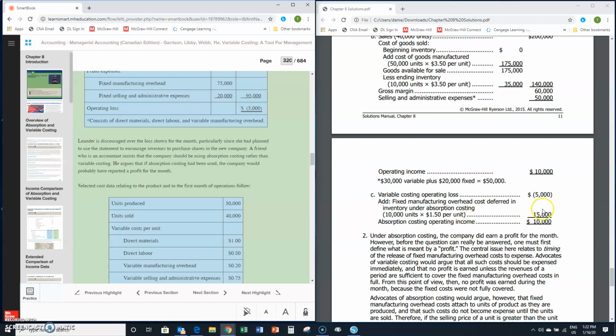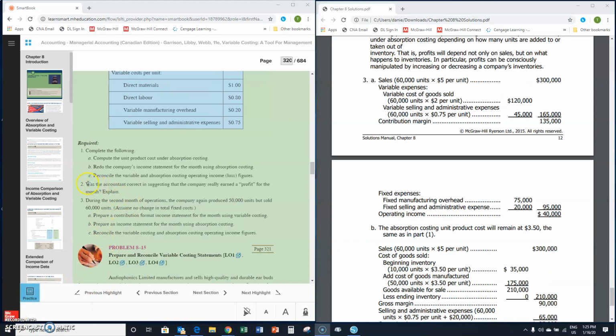So that 15,000 gets added to the variable costing operating income or loss to come up with our absorption costing operating income, which is 10. So again, always start with variable costing, and always look at what direction ending inventory went to determine if you need to add or deduct. Then your solution will come up with the absorption costing income.